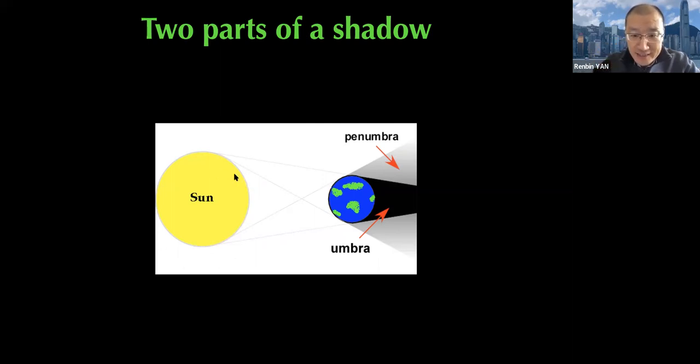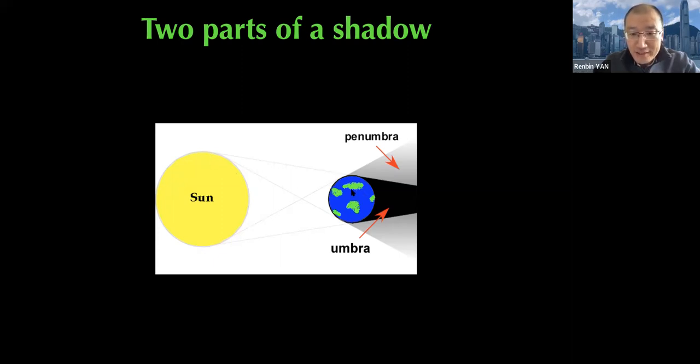And because it has a size, our shadows don't have a sharp boundary. So if, for example, you study your shadows on the ground, you will see the boundary is not that sharp. The reason is because the sun is an extended object. It's not a point source, it's a big disk. And actually, in reality, it's much bigger than the Earth.